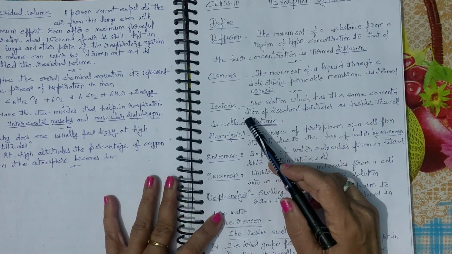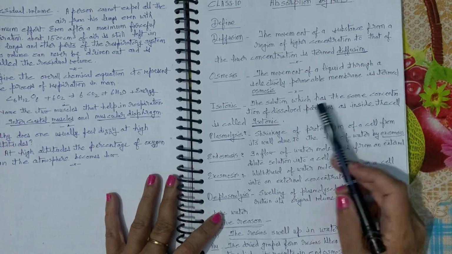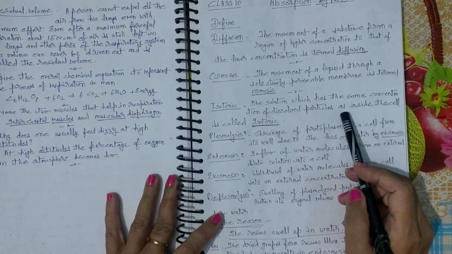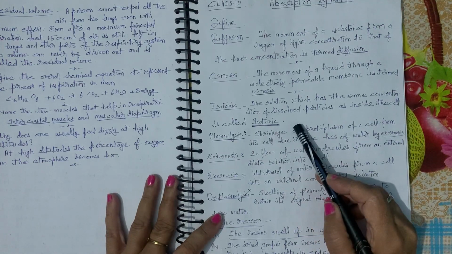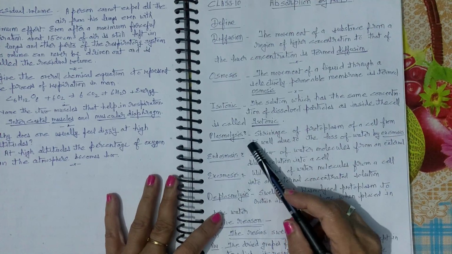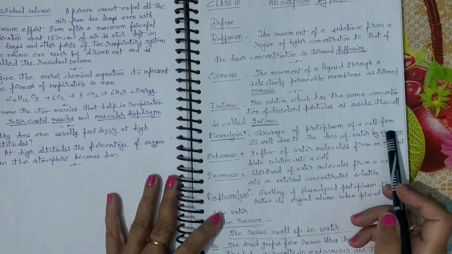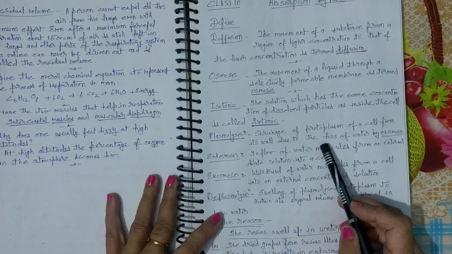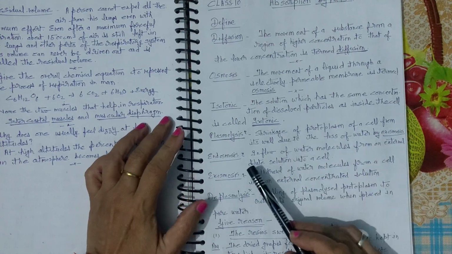Next, isotonic. What is isotonic? The solution which has the same concentration of dissolved particles as inside the cell is called isotonic. Plasmolysis: shrinkage of protoplasm of a cell from its wall due to the loss of water by exosmosis.